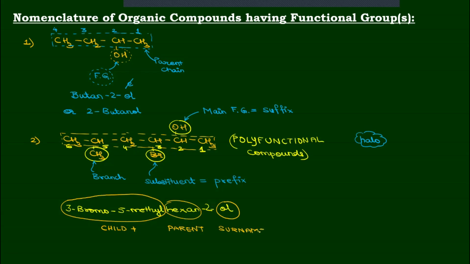You write child plus parent plus surname. So first you introduce all the child substituent names, then the parent name, and then the main functional group, whose suffix will be the surname of the organic compound. Understood? Yes, sir.